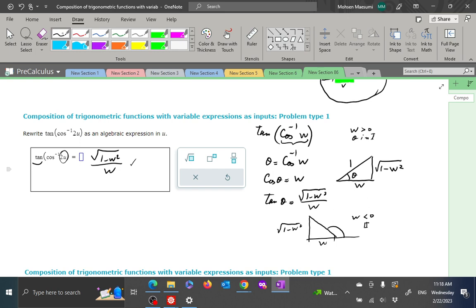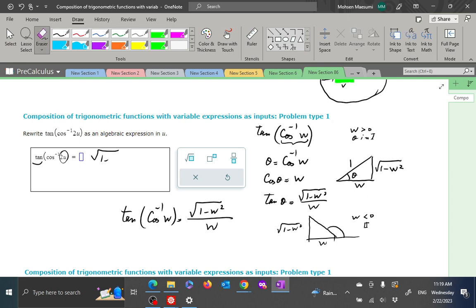So what we have as the final answer is that tangent of cosine inverse of w is radical 1 minus w squared over w.